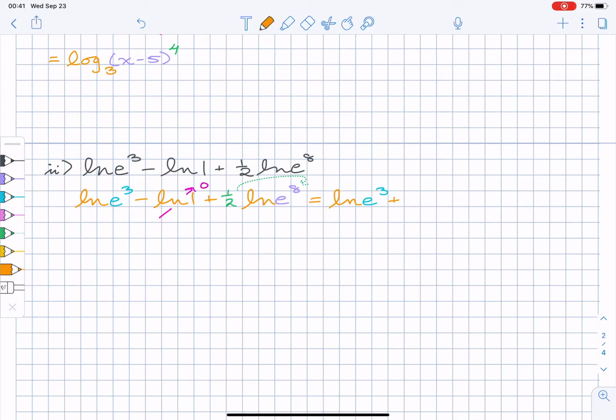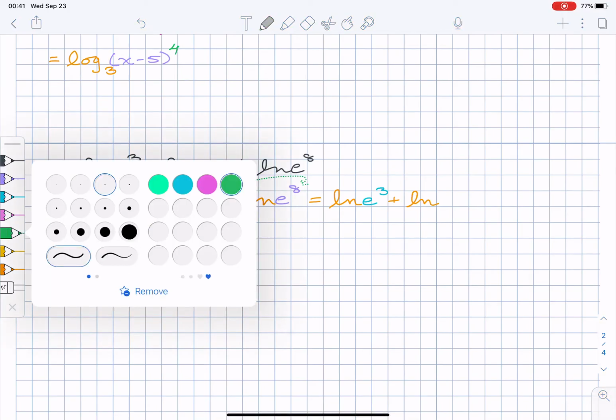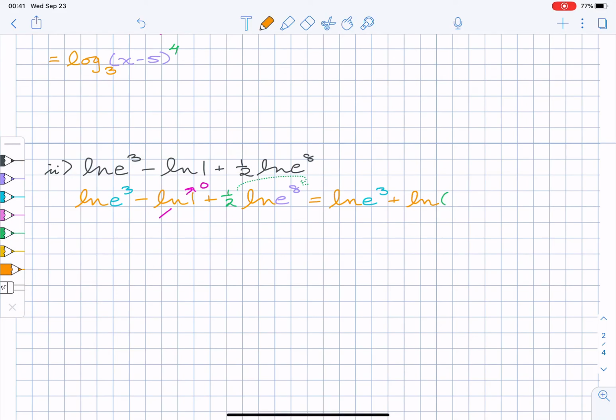So this is going to be plus natural log of the quantity e to the 8th, then raised to the 1/2 power. And when we raise a power to a power, we multiply. So this is natural log of e cubed plus natural log of e to the, well, what's half of 8? Half of 8 is 4. So now we can finally use which rule if it's a plus? That's a product rule. So product rule.